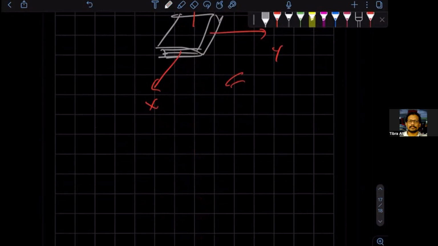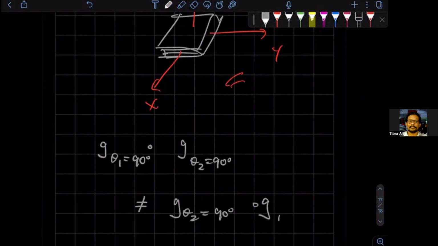Okay, so you can do the same thing mathematically: if, for example, I take theta 1 equals 90 degrees, and then theta 2 equals 90 degrees rotation, and compose them, that is not going to be this composition, right? So mathematically you can show that.